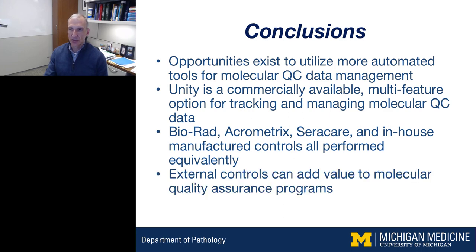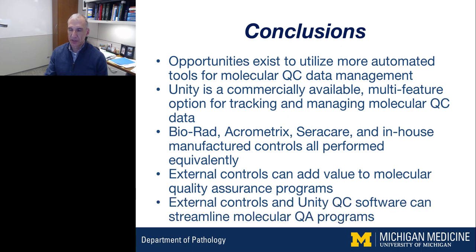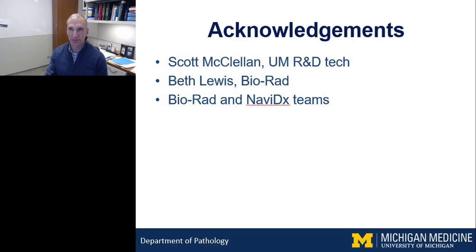External controls can also add value, as I highlighted on the previous slide, to your molecular quality assurance programs. Together, these controls and Unity can streamline the approaches that you take to really functioning at a high level in a quality assurance program in your laboratory.